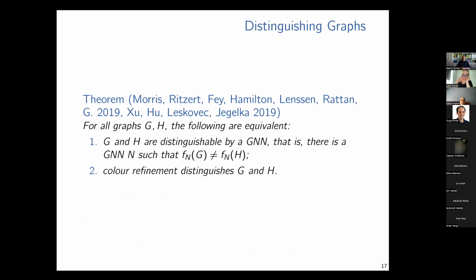So that was graph neural networks, and the result, which is actually not too hard to prove, was proved independently in these two papers by Morris, my student Martin Ritzert and a couple of other people, and also by Xu et al. It says that for all graphs, graphs are distinguishable by a graph neural network if and only if they are distinguishable by color refinement.